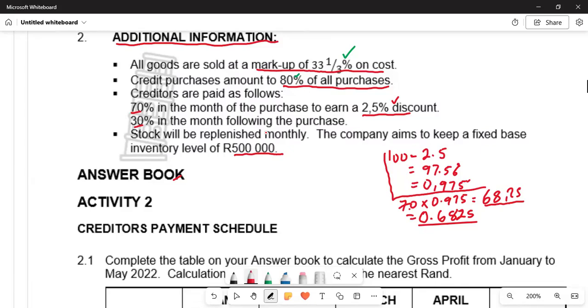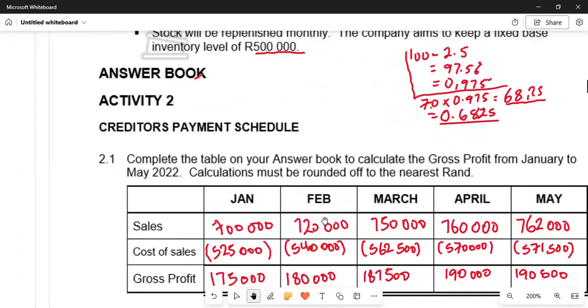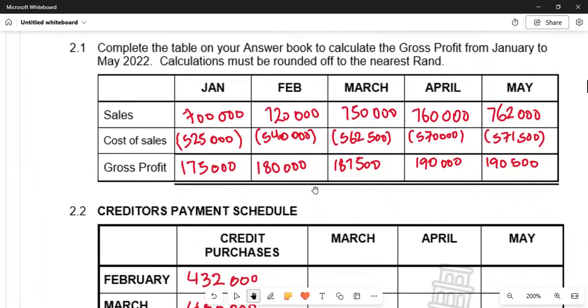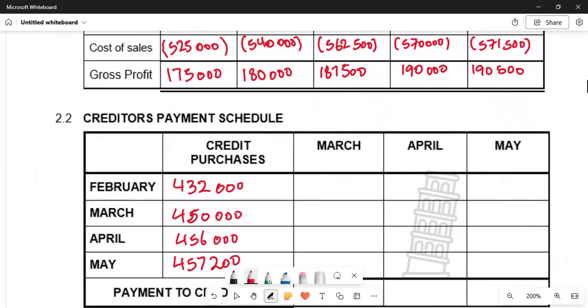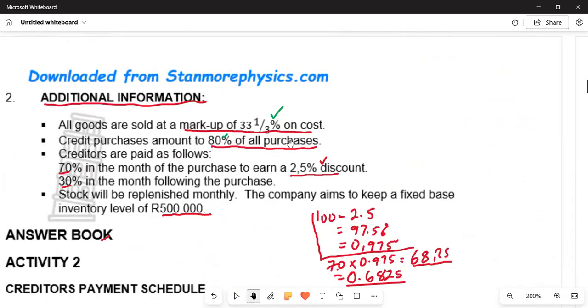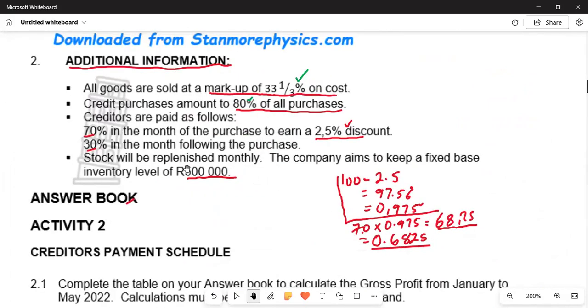So now let's go to our answer book. Remember that we were told about the 30% in the month following the purchase. So we start with the 30% in the month following the purchase.